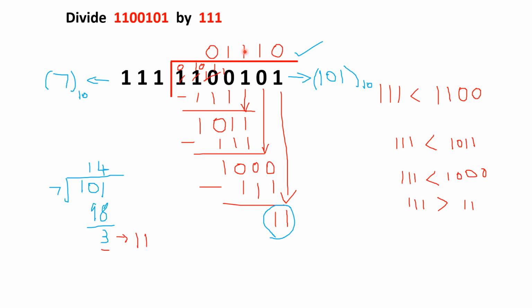So that is 6 plus 8 is 14. So the decimal form for this is 14. So you got the answer 14. So the decimal form of this binary number is 14. So the answer is correct.